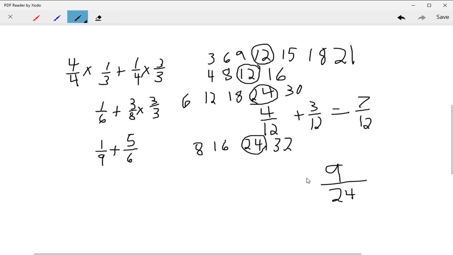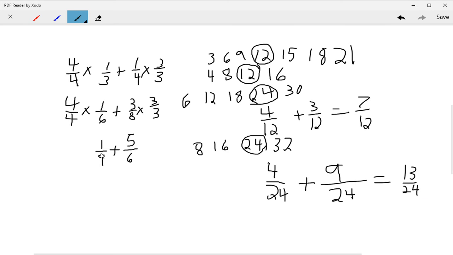And then I'm adding that with 1 over 6, and I have to multiply 6 by 4 to get to 24, so by 4 over 4, and that would be 4 times 1 is 4, and then 4 times 6 is 24. So it would be 4 plus 9 equals 13 over 24.